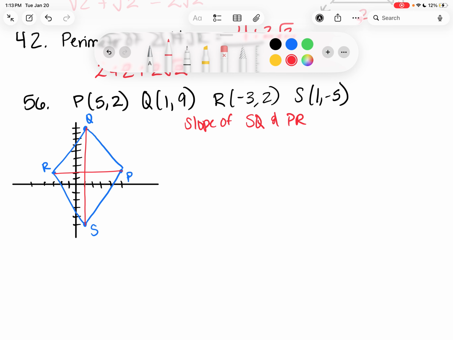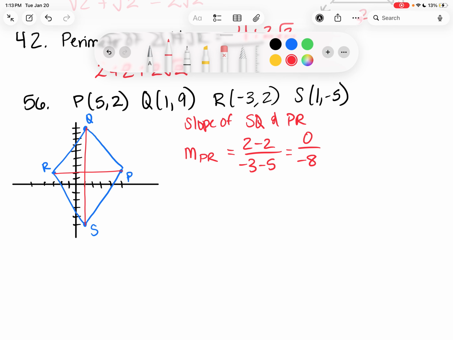So, the slope of PR. I don't know why I did PR first. This is y2 minus y1, so that's 2 minus 2 over x2 minus x1, -3 minus 5, which is 0 over -8.